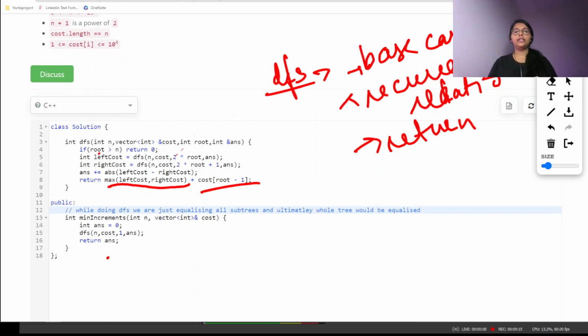We return this so that for the next subtree we know this is the target which we have reached from our previous subtree, and this is what we are required to acquire when we reach the same level of the next subtree. So this is what we are returning here, and while doing this we will be able to equalize our whole tree.